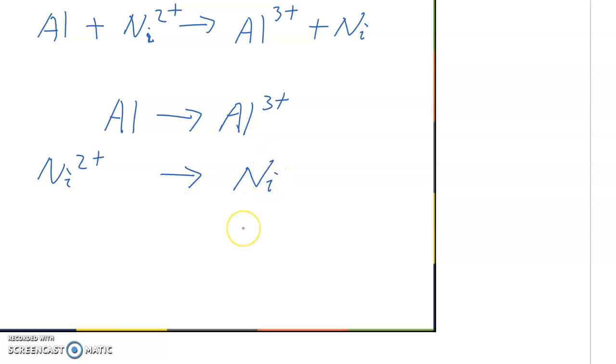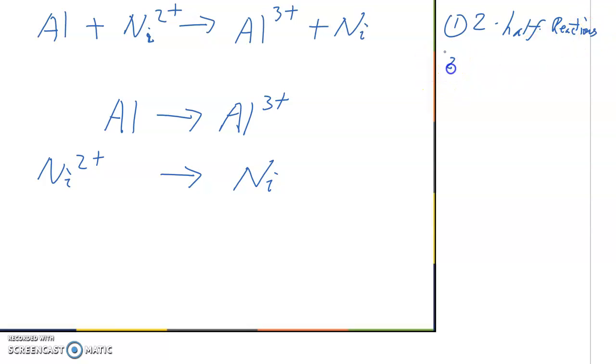So the first step is to write down the half reactions. What is the next step? The next step is to balance all the elements except hydrogen and oxygen. Over here, aluminum on the left side 1, on the right side 1, aluminum is balanced, and nickel is also balanced. So I'm done with that step.